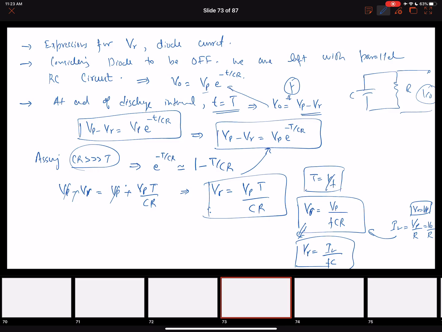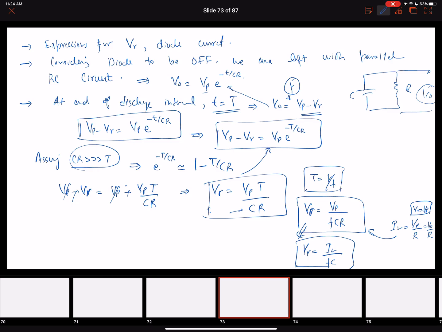How you can calculate the ripple voltage, and more importantly, what factors does the ripple voltage depend on? Of course, we already saw that the ripple voltage should depend on the CR factor, because this is what decides the amount of the discharge. We saw that the greater it is compared to the time period, the less discharge there will be.